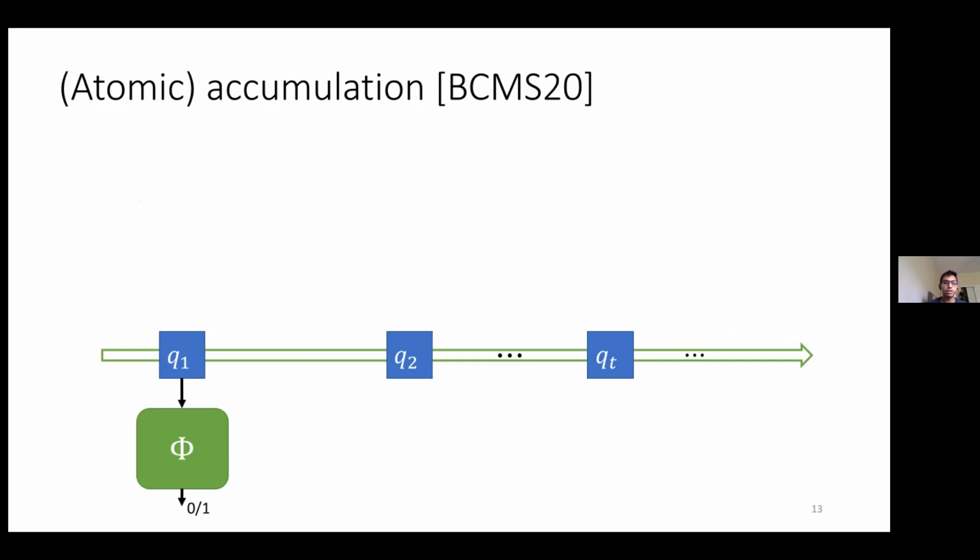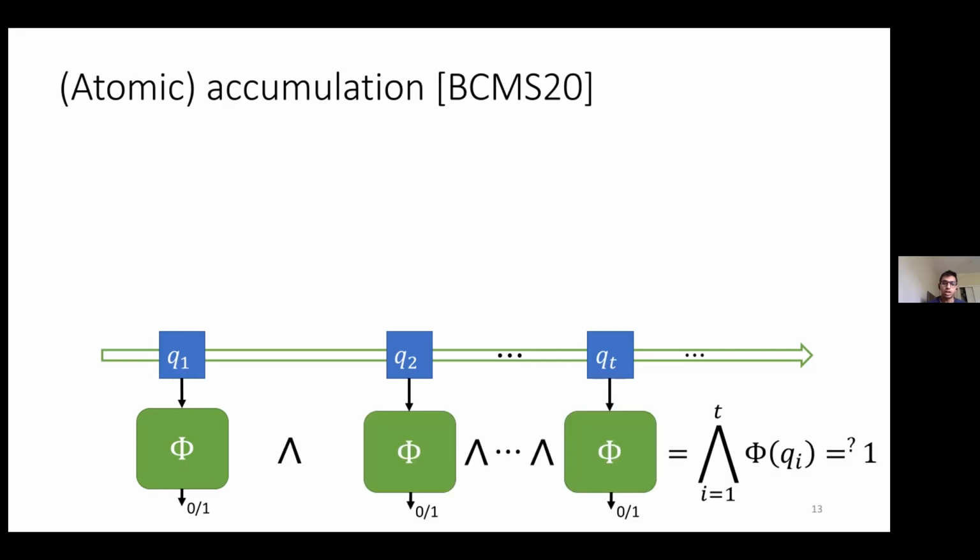The idea here is that you have some sequence of queries Q1 through Qt, and what you want to check is that, for some predicate phi, phi is satisfied on all of these queries Q1 through Qt. This phi can be a variety of useful things.